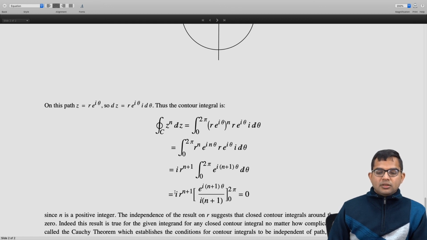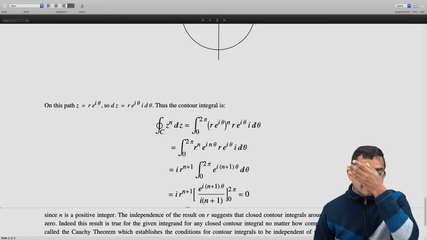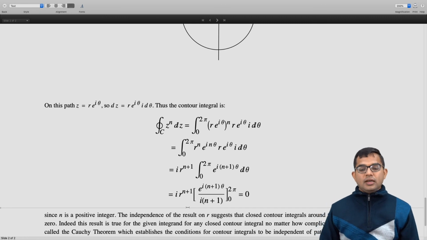So these things don't even matter. It's all about just this quantity and the fact that you're going from 0 to 2 pi. So indeed, this quantity is just zero. This closed contour integral is zero if n is a positive integer, and it simply does not care about the radius r.